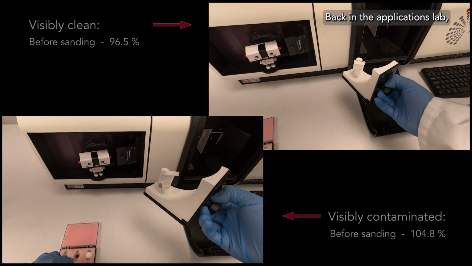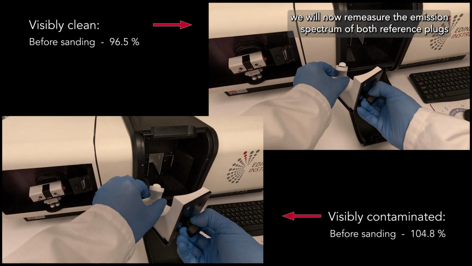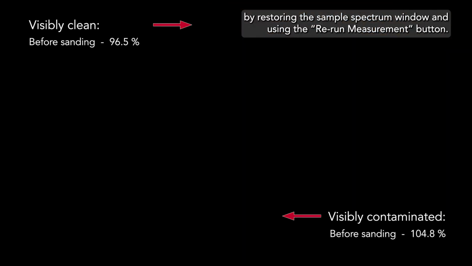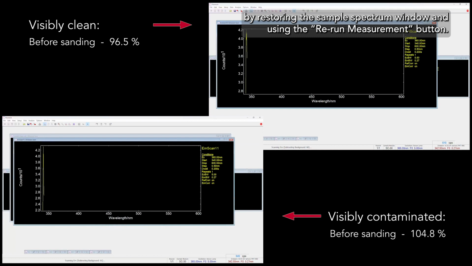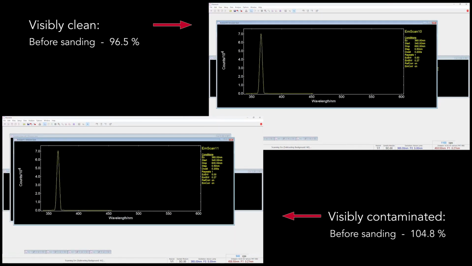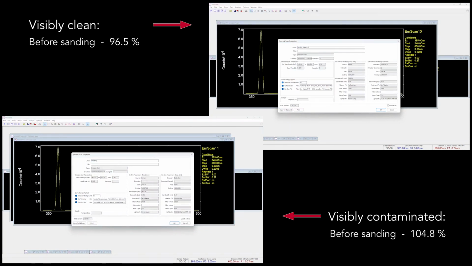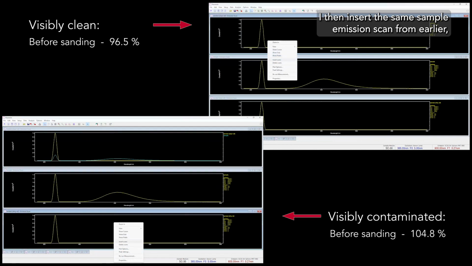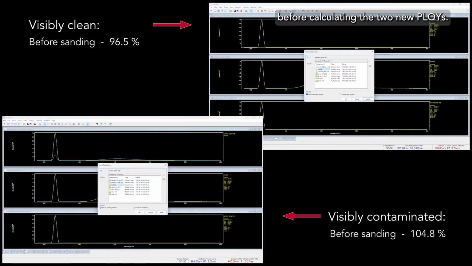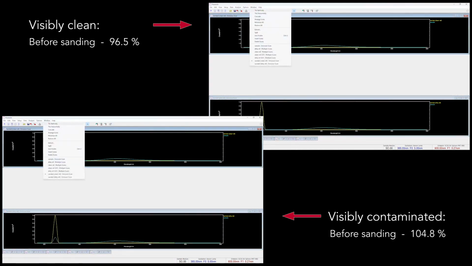Back in the Applications lab, we will now remeasure the emission spectrum of both reference plugs by restoring the sample spectrum window and using the Rerun Measurement button. I then insert the same sample emission scan from earlier before calculating the two new PLQYs.